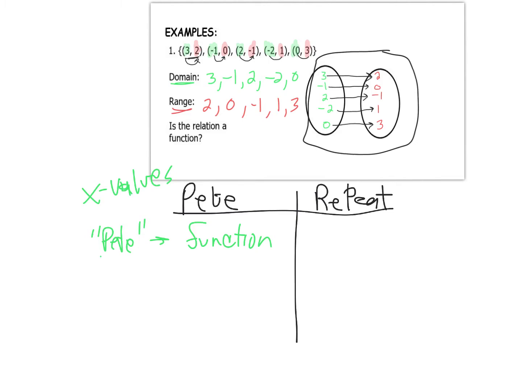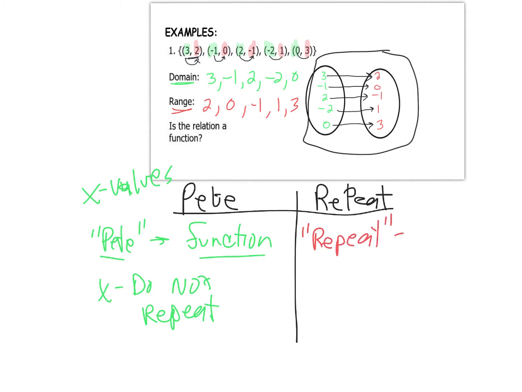That would be an example of a function where my x's do not repeat. Now, if my x's repeat, then it's not a function. It's just a really bad joke.